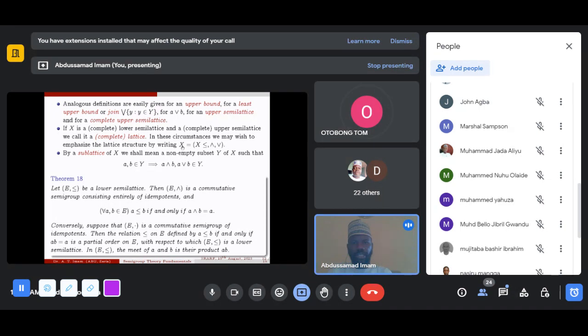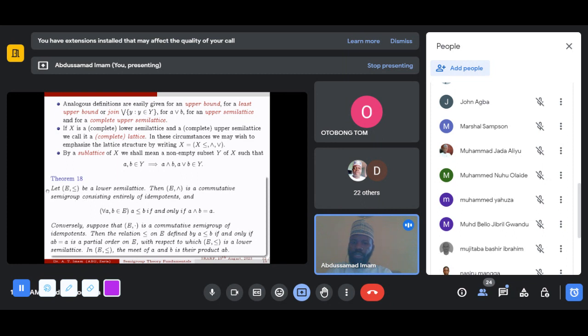So instead of just saying the set, you pronounce that the set has a partial order and the operation of the meet and also the operation of the join. The join is denoted by V. And by a sublattice of X, we shall mean a non-empty subset Y of X that is closed under taking meet and taking join of any two members from the set.